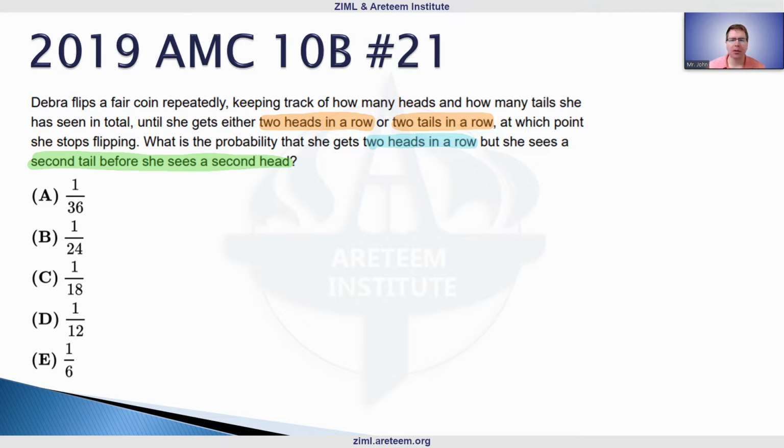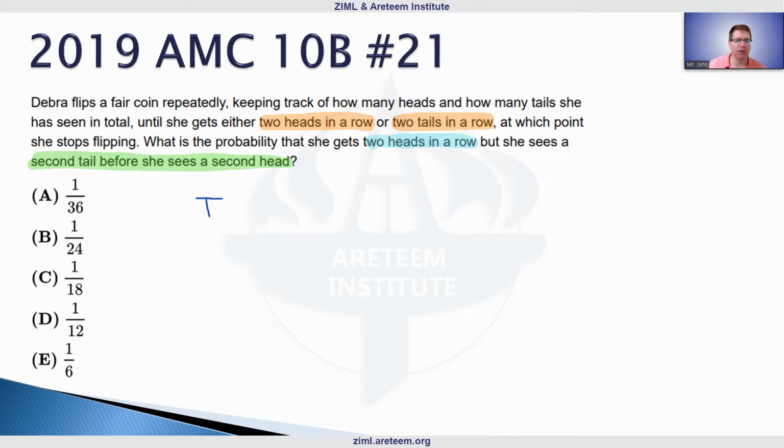Now, if you think about this a little bit, remember I said we're alternating until we end. So if we see a second tail before a second heads, and remember this is before the end, we're getting 2 heads in a row at the end, that means we have a pretty nice beginning.